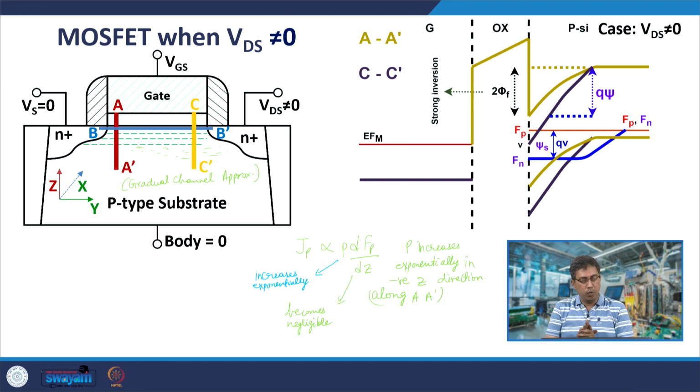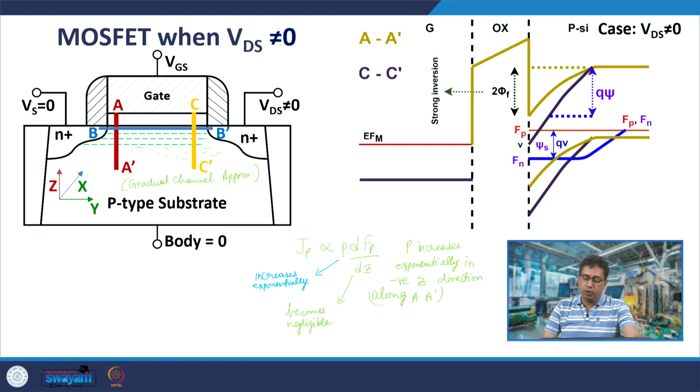So, when the gradual channel approximation is valid, the hole current density along the A prime direction would remain constant, because the hole current is almost unaffected by the horizontal electric field, that is, the electric field along direction y or x.